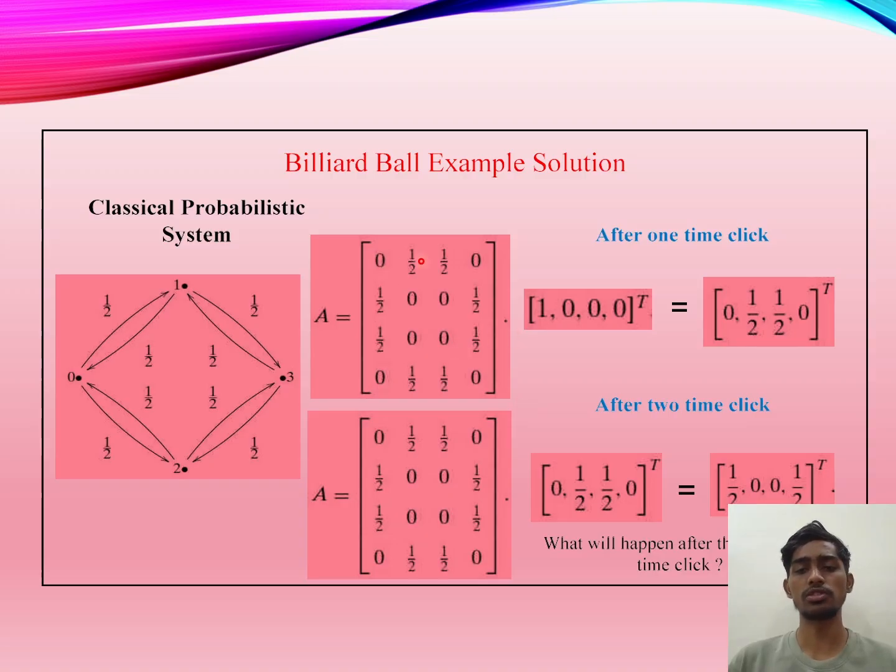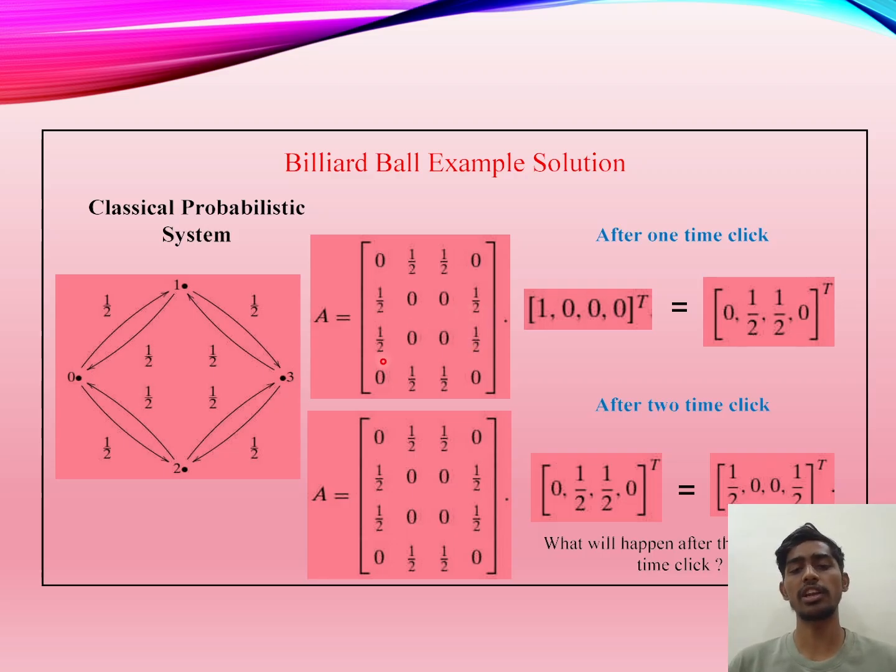So 0 into 1 is 0, 1 by 2 into 0 is 0, 0 into 0 is 0. Overall, the first entry of the matrix is 0. The second is 1 by 2. The third is also 1 by 2, because at the first position it multiplies with 1, which gives 1 by 2, and all the rest are multiplying with 0, which gives us 0.